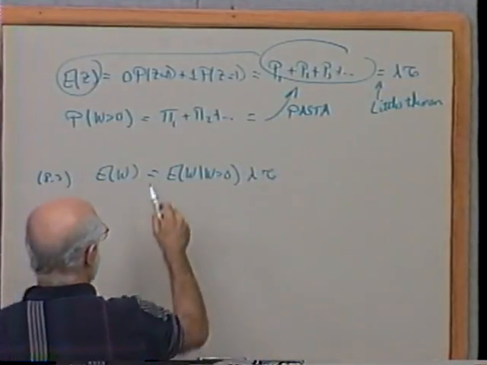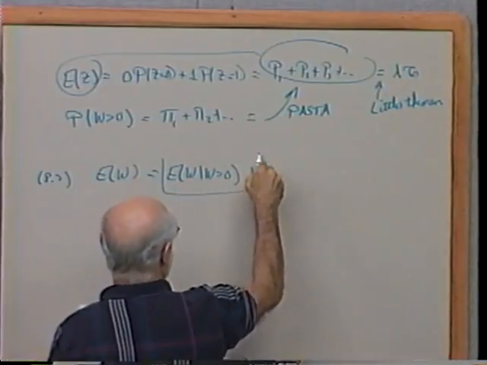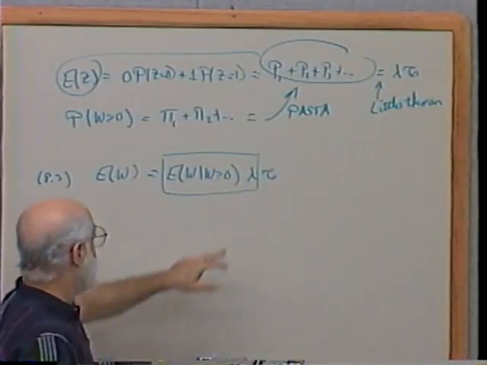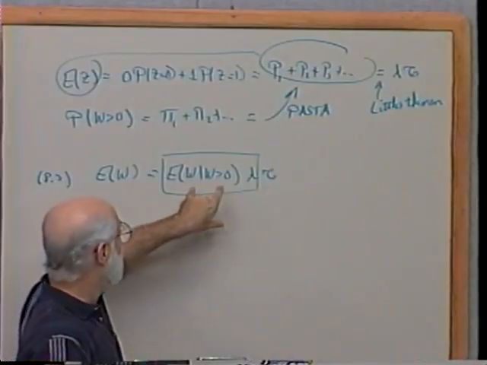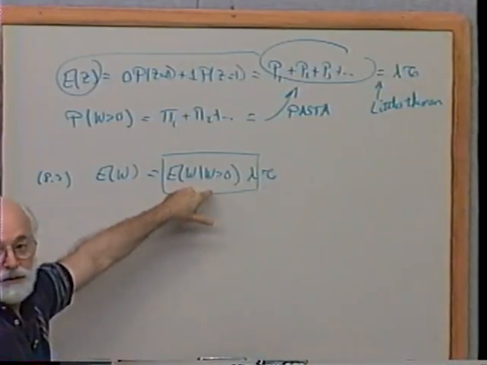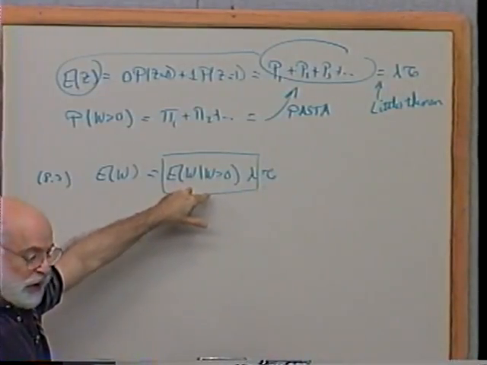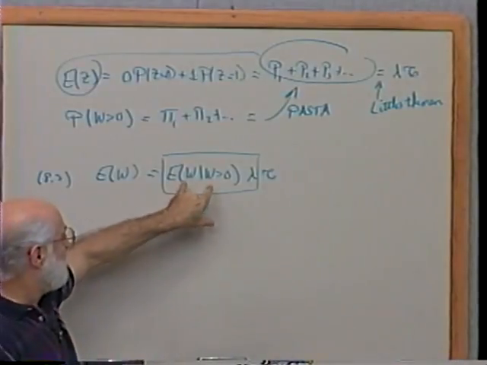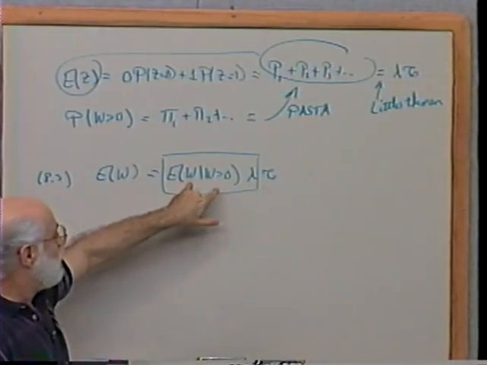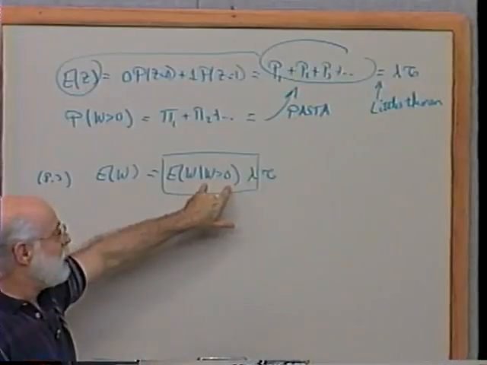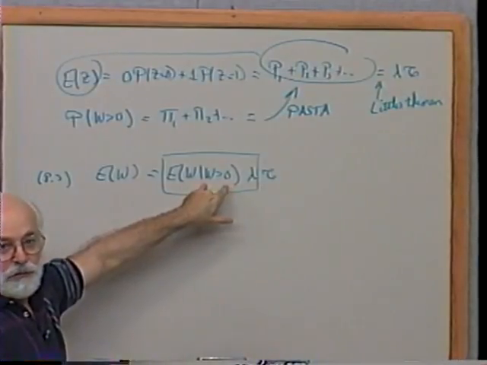Okay, now let's look at this piece right here. Here I have an arrival rate, a lambda, times an average time. So again, I'm going to apply Little's theorem by saying, well, what is this? This is the expected time given that the waiting time is greater than 0.